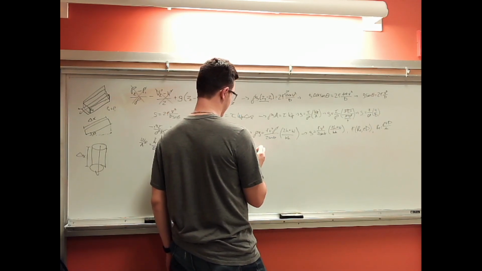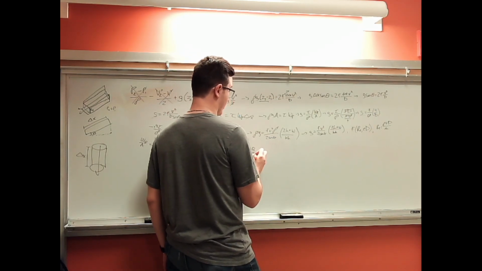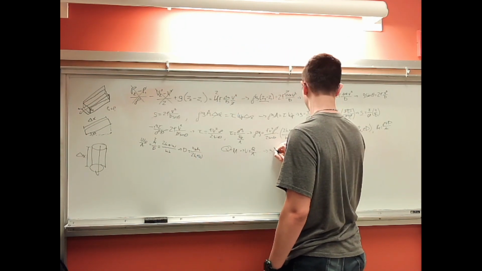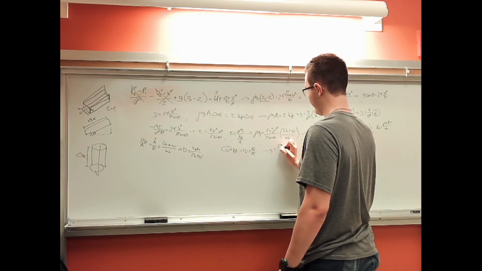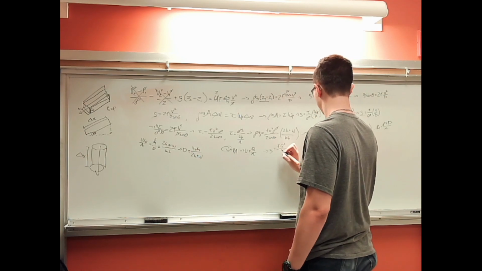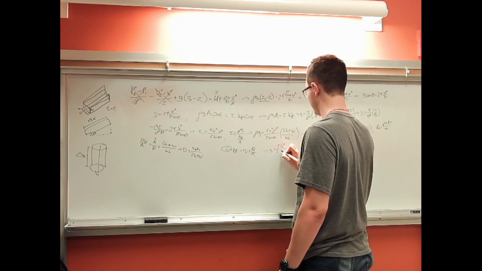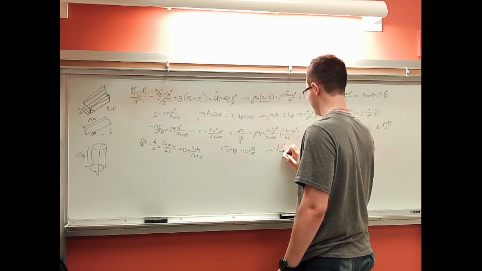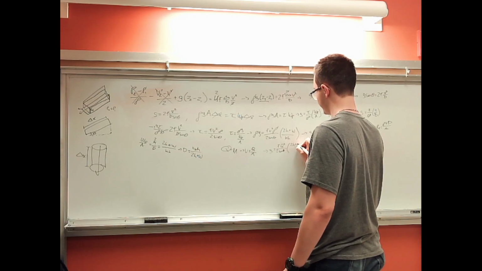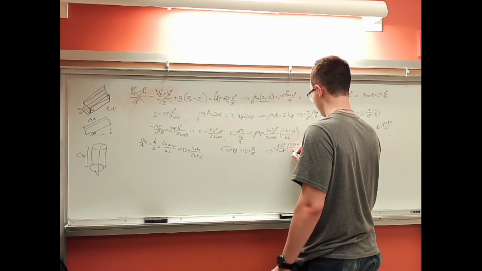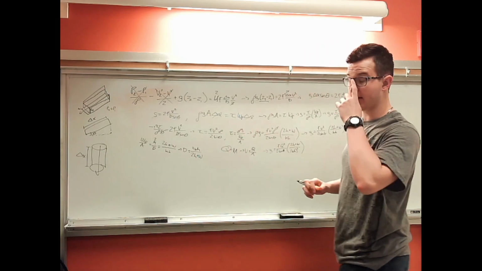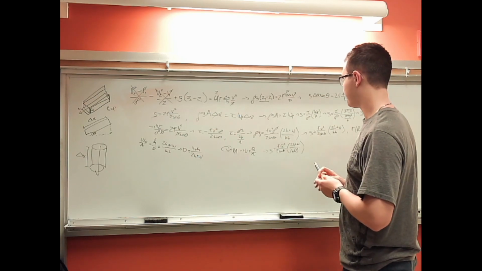That means that velocity is the volumetric flow rate divided by the area, which if we plug into here means that the gravitational constant is equal to the Fanning friction factor times the volumetric flow rate squared divided by 2 times sine theta, multiplied by 2 times the height plus the width, divided by width times height cubed, because the area is just width times height that is squared, and that plugs in here.